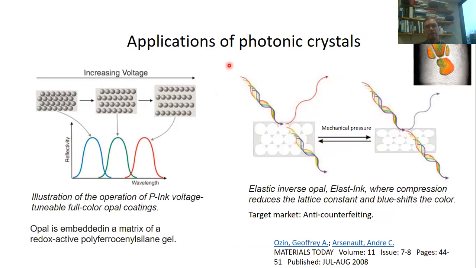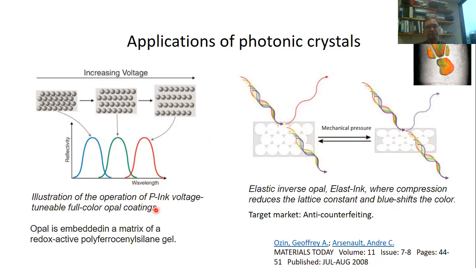One company, called Opalux, actually pursues these two applications here. They have developed what is called a P-Ink and an Elast-Ink. That so-called P-Ink can produce voltage tunable full color opal coatings.